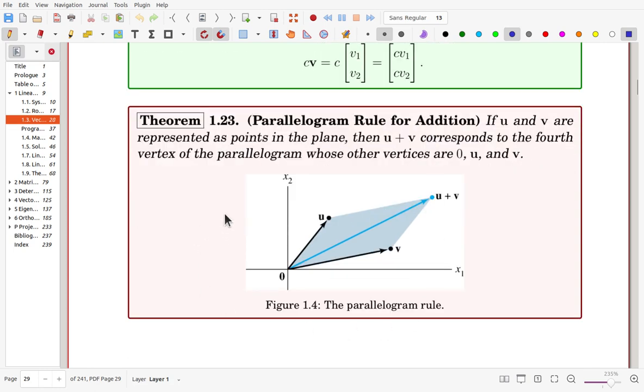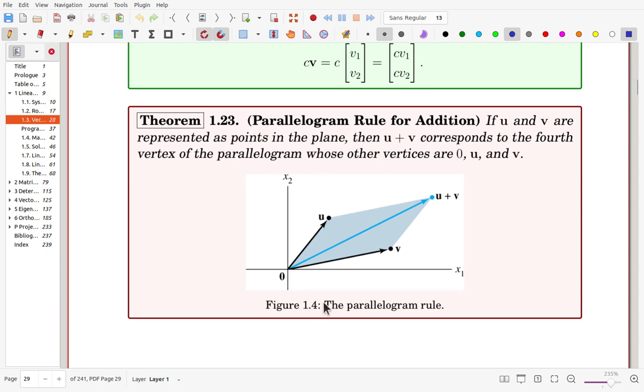Parallelogram rule for addition. If u and v are represented as points in the plane, then u plus v corresponds to the fourth vertex of the parallelogram whose other vertices are 0, u, and v.